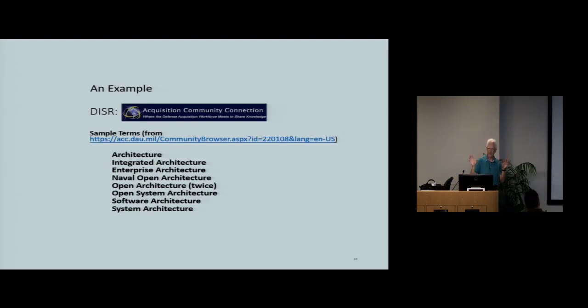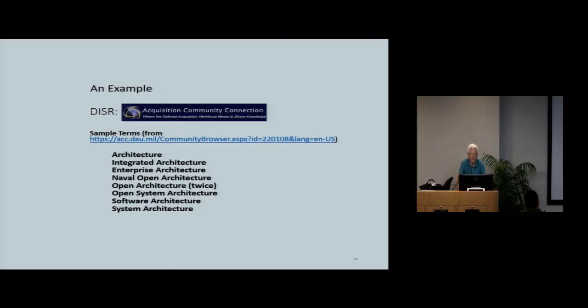It must have all the essential semantics and metadata that you require. This is called the Acquisition Community Connection, which is an artifact created to help the Defense Department buy stuff. It's important to have a good ontology for doing that. Otherwise, you might buy the same thing twice under different names, for instance, which of course they never do.